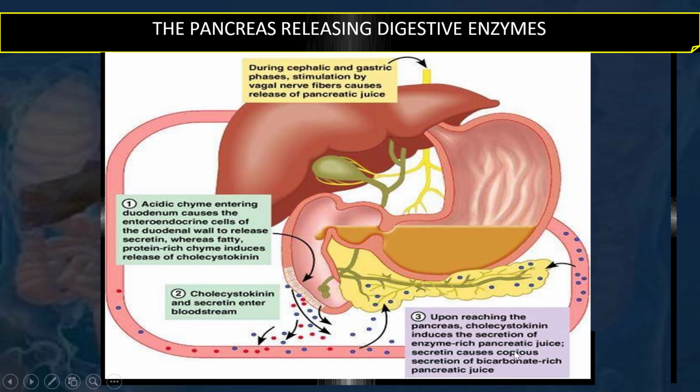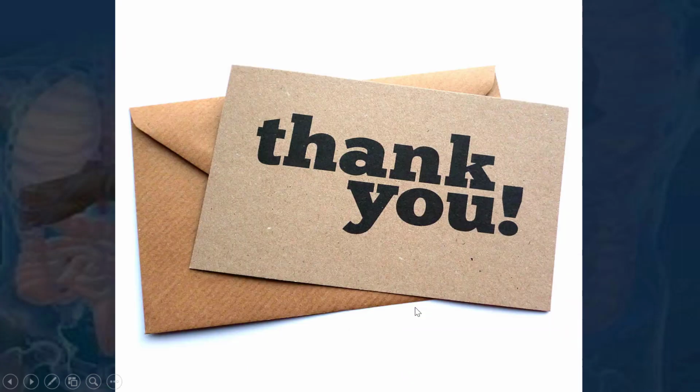Cholecystokinin helps in contraction of the gallbladder, releasing the bile from it, and trypsin, chymotrypsin, all these enzymes act upon and digest the food materials.